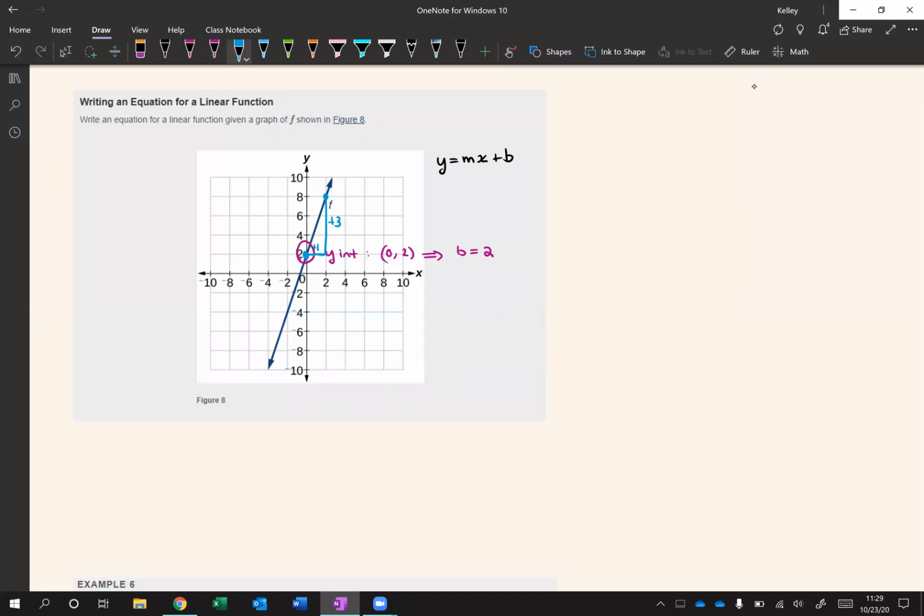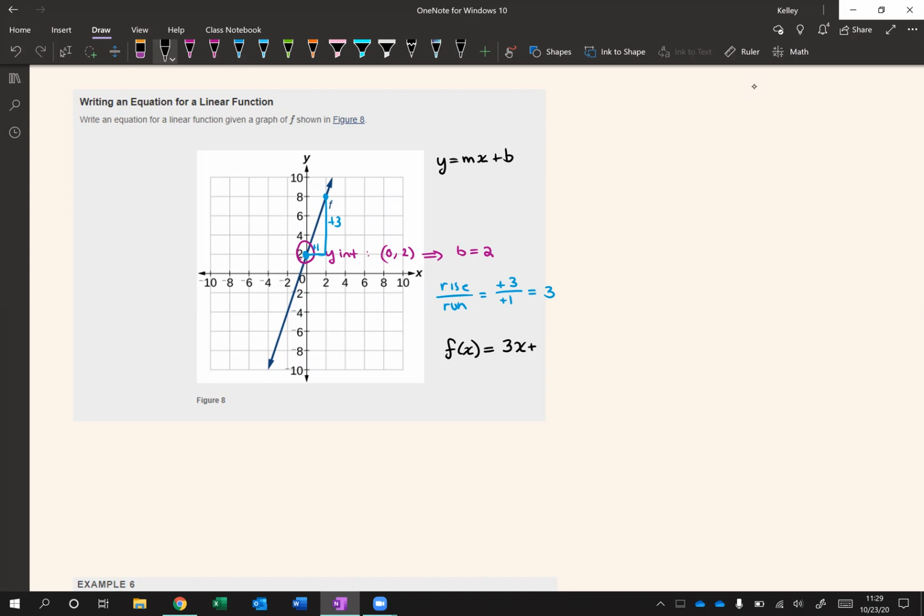So here I'm going to get rise over run, which is our slope, equals +3 over +1, which is just 3. So now I'm ready to state my equation for this linear function. So I get f of x, because we're talking about functions now, we're not going to use y. We get f of x equals 3x.